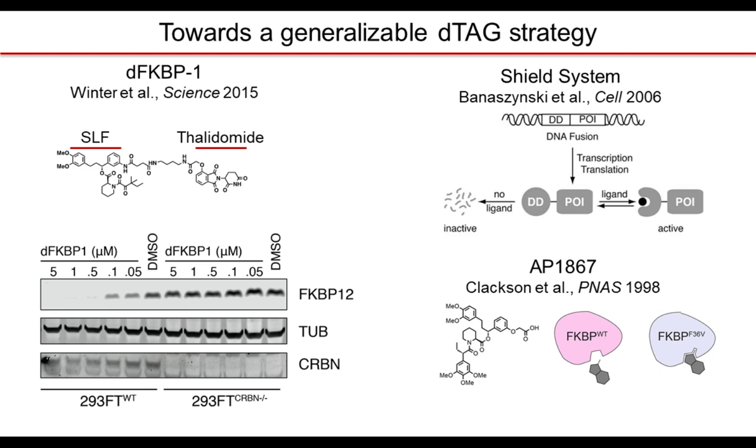Next, in looking through the literature, we came across the SHIELD system that Tom Wandless and colleagues at Stanford had developed. Back in 2006, they published a seminal study in which they demonstrated that a double mutant version of FKBP12 could be used as a tag.